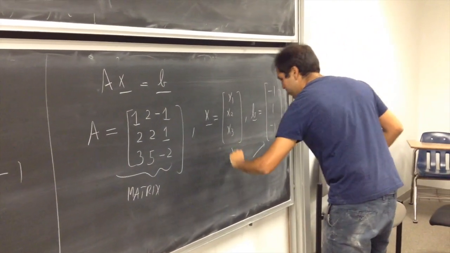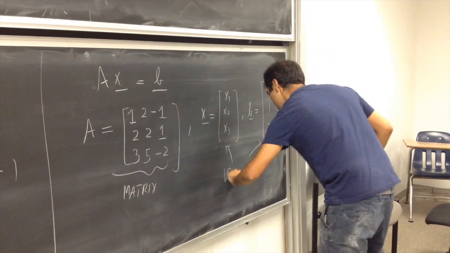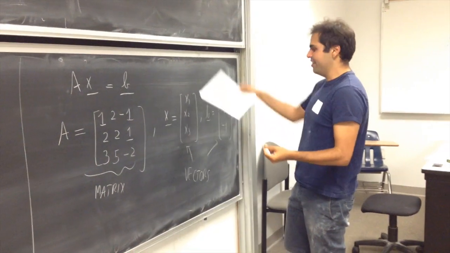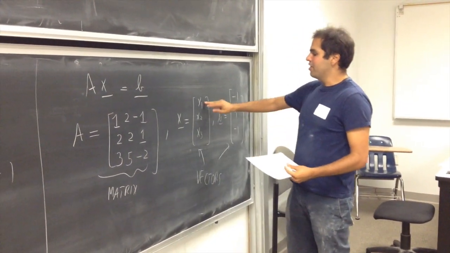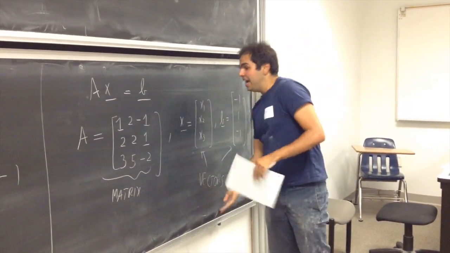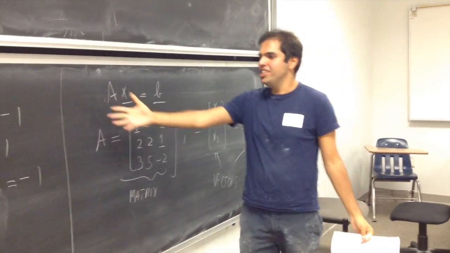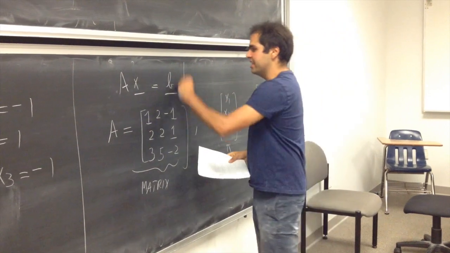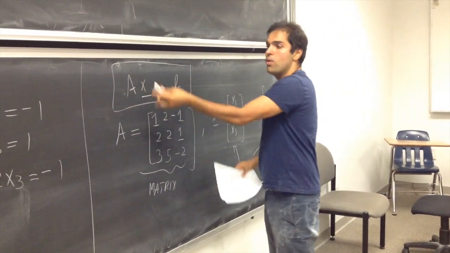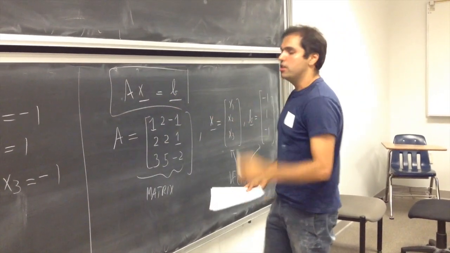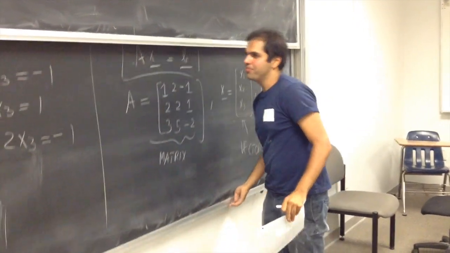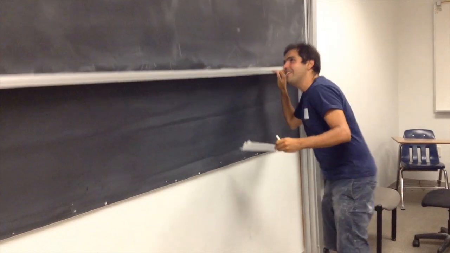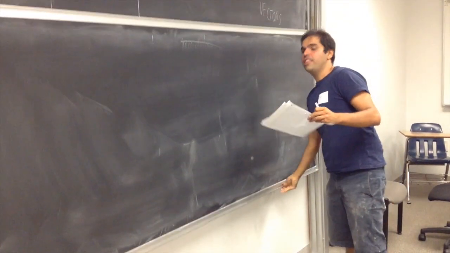Those are called vectors, just like you learn in multivariable calculus, just stuff with a bunch of components. And by definition of linear systems, any linear system can be written in this way. So whenever you talk AX equals B, you're just talking systems. It's like talking trash, but it matters.